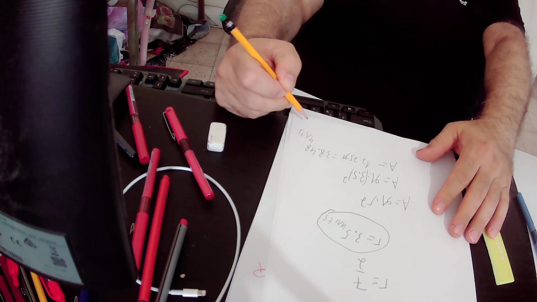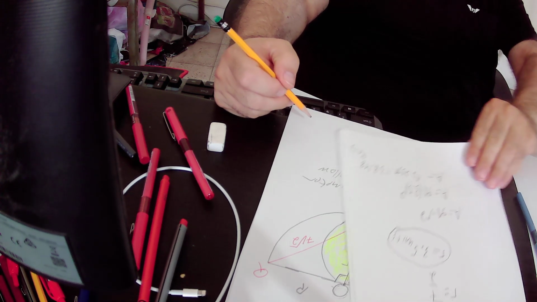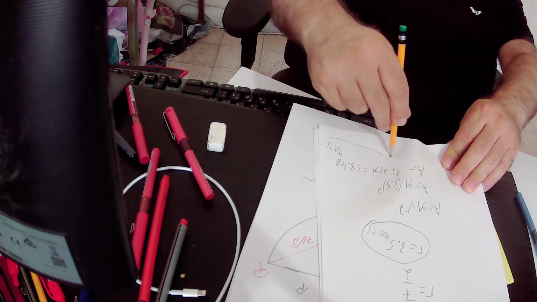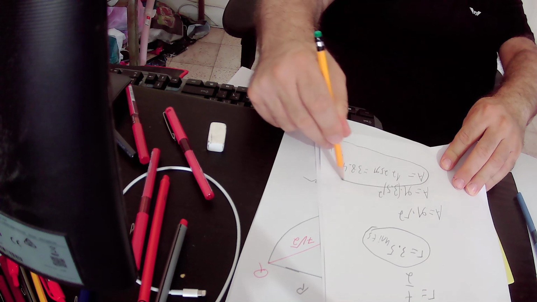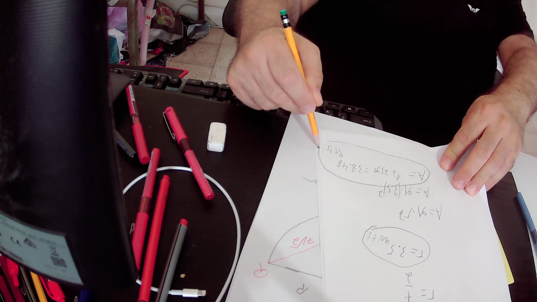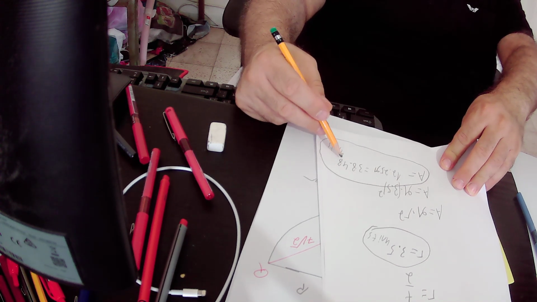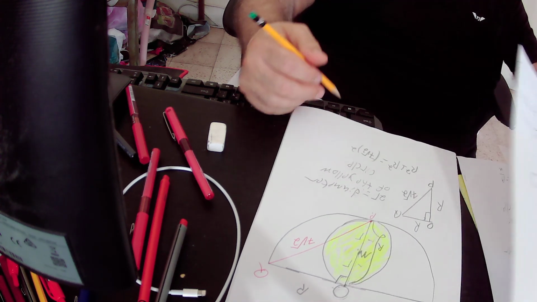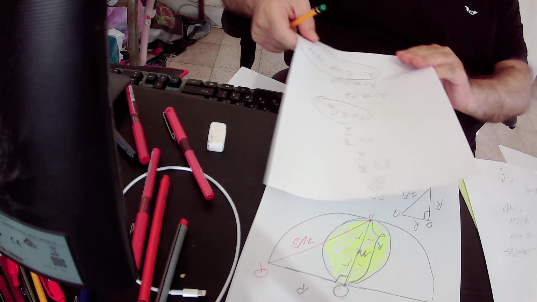So the answer to the question is that the area of the yellow circle equals 38.48 square units. Okay? Thank you very much.